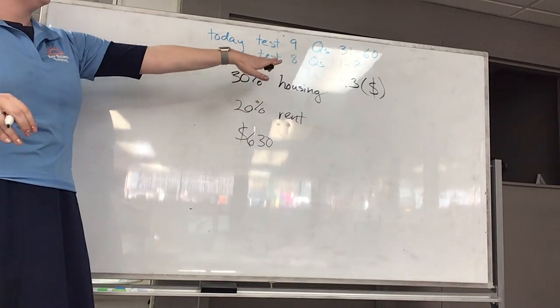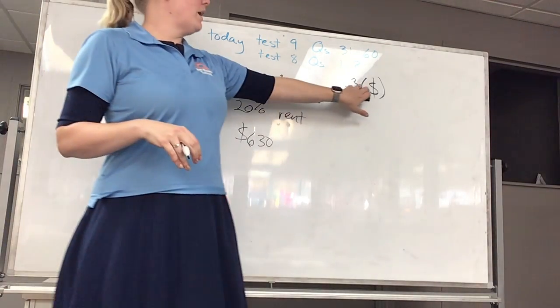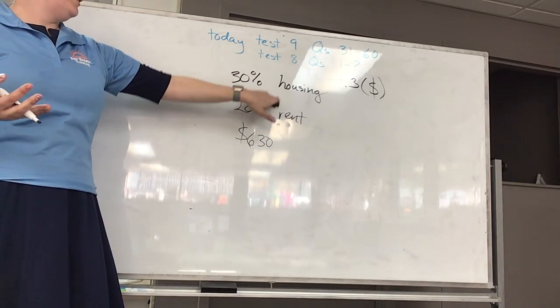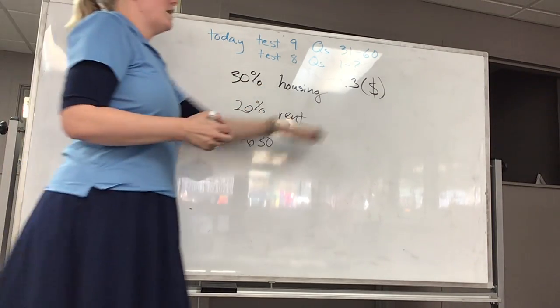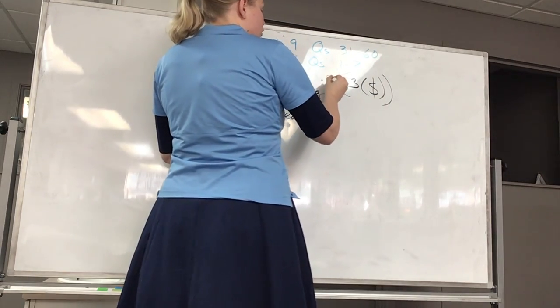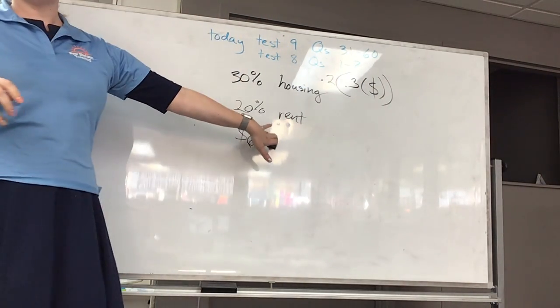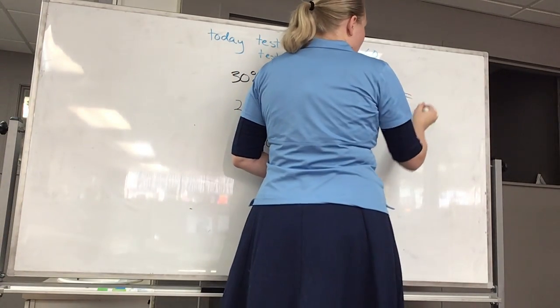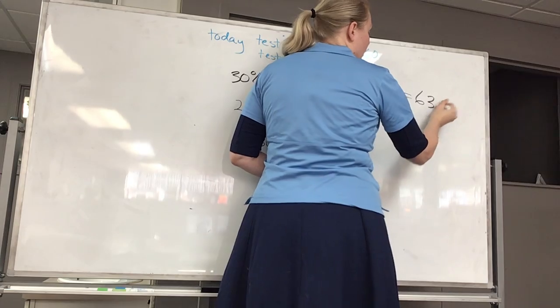It's the decimal equivalent. We'd take that and multiply it by 0.3 to get the housing costs. And again, we'd take that answer and multiply it by 0.2 to get the rent. And then this would equal the rent, the $630.